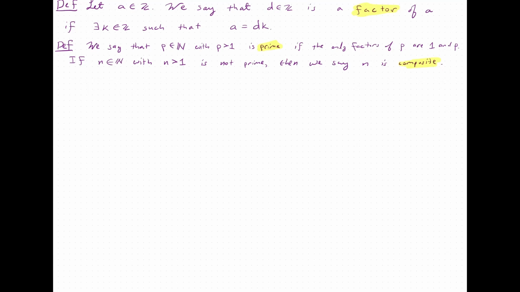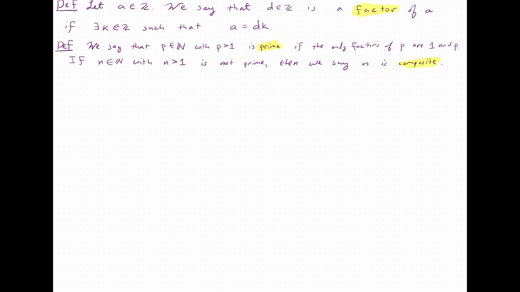We say a natural number p with p greater than 1 is prime if the only factors of p are 1 and p. If p is not prime, in other words, if we have some natural number n with n greater than 1 and it is not prime, then we say that n is composite.